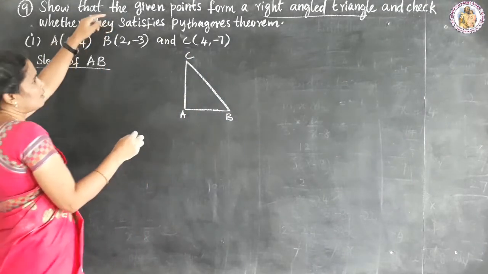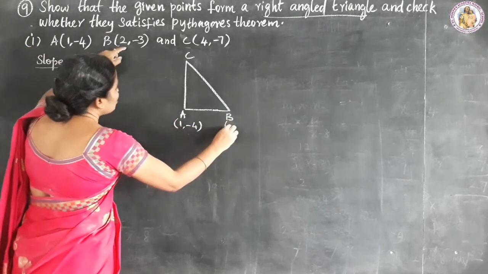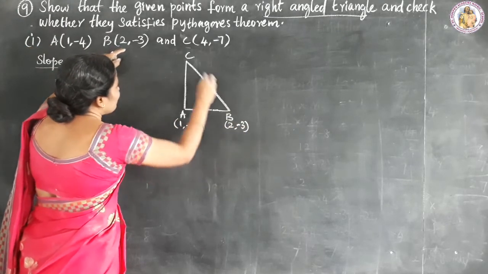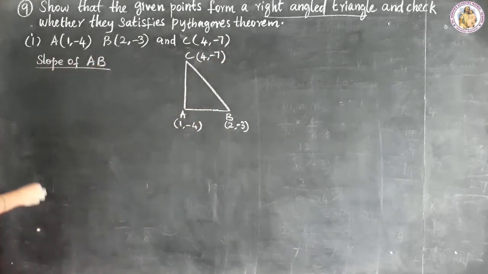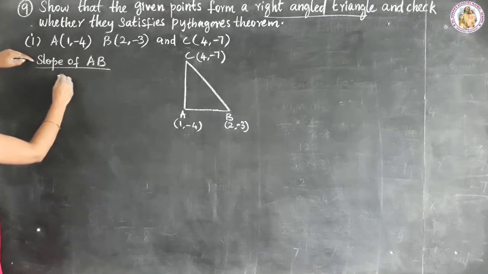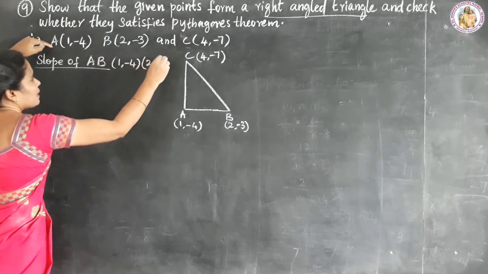So the points are A (1, -4), B (2, -3) and C (4, -7). Okay, find slope of AB. Slope of AB, the points are (1, -4) and (2, -3).